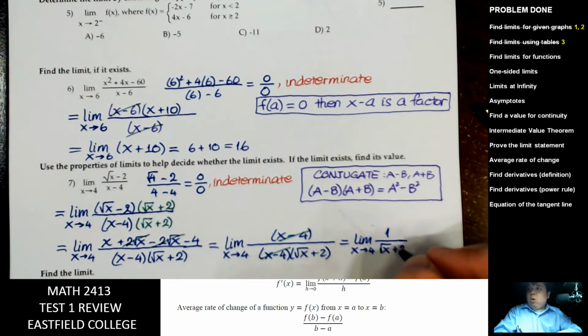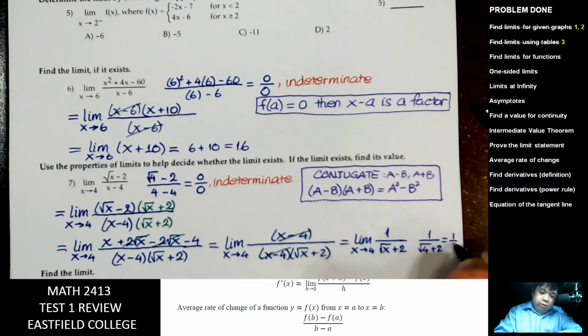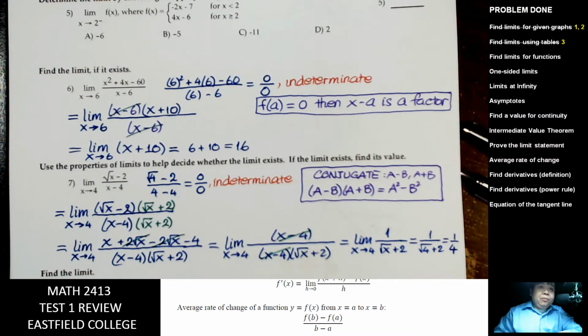And then we put 4 into x. We have 1 over square root of 4 plus 2, which is 1 over 4. That is a nice number, so that will be the limit. Alright. So let me update the list.